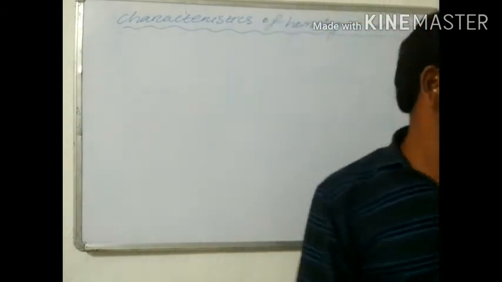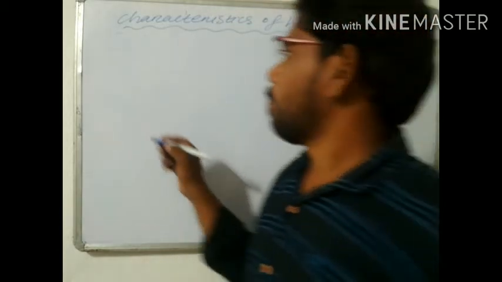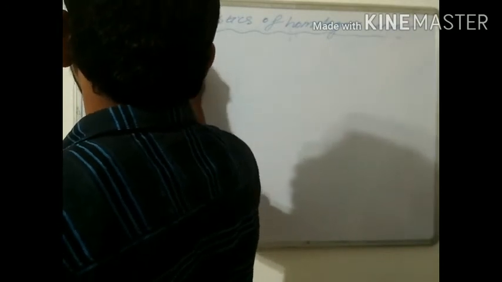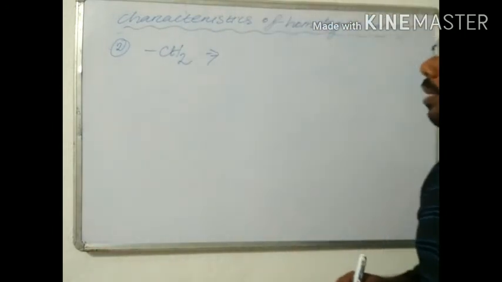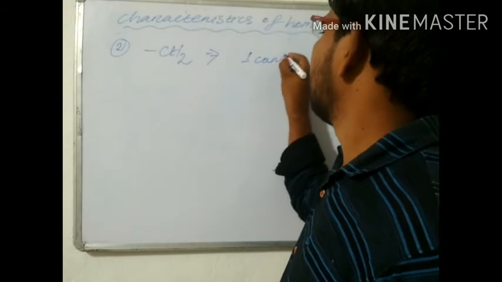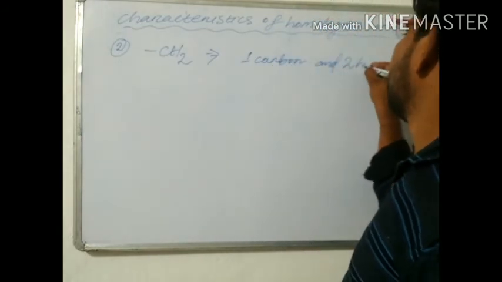Next, the second characteristic: any two adjacent homologues differ by 1 carbon atom and 2 hydrogen atoms in their molecular formula. Okay, this one we have already discussed with an example. They differ by a CH2 group or CH2 unit, which means a difference of 1 carbon and 2 hydrogen.